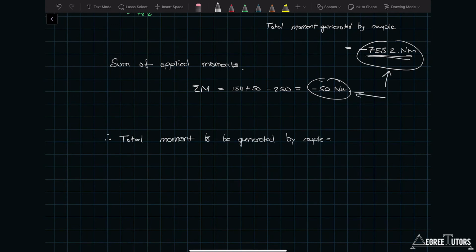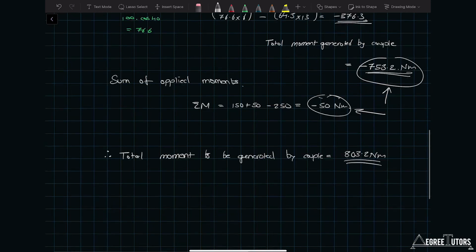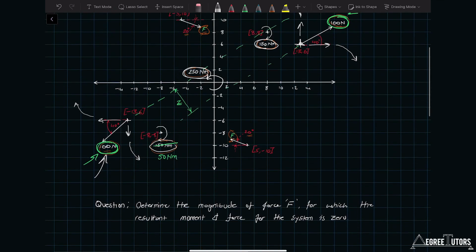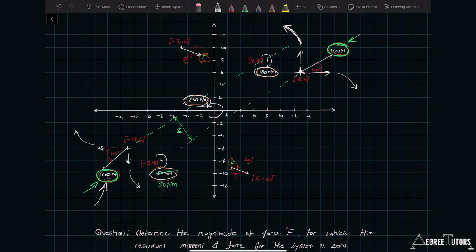So you add those together, you're going to get 803.2 Newton meters. So it's a positive 803.2 Newton meters that we have to generate. At that point, it's just a matter of working out an expression for the moment generated by one of these forces, multiplying it by 2 because we've got two forces, and then solving for F.